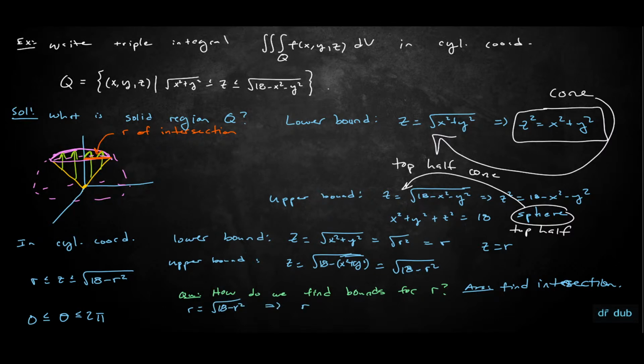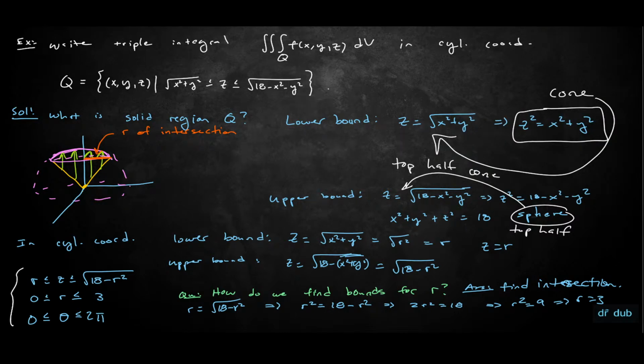So that would be r squared equals 18 minus r squared, or 2r squared equals 18, or we could say r squared equals 9, or r equals 3. So r is actually going to range from 0 to 3. And those are our bounds.